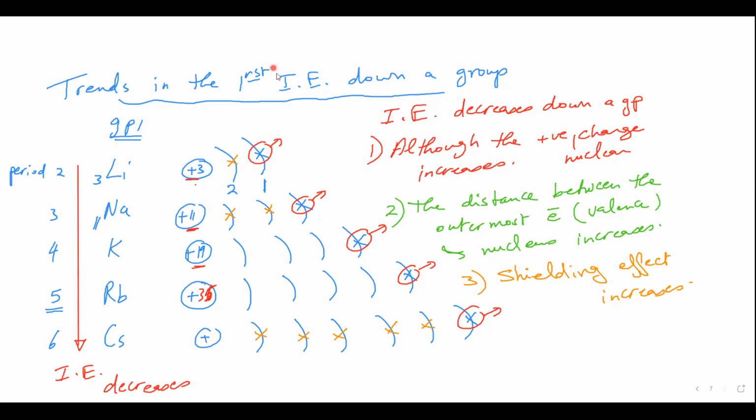Like 2 persons talking in front of each other, they can see each other very well. But if we put a curtain in between them, they still see each other, but not like before. This curtain is the electrons that are in between the nucleus and the outer electron.